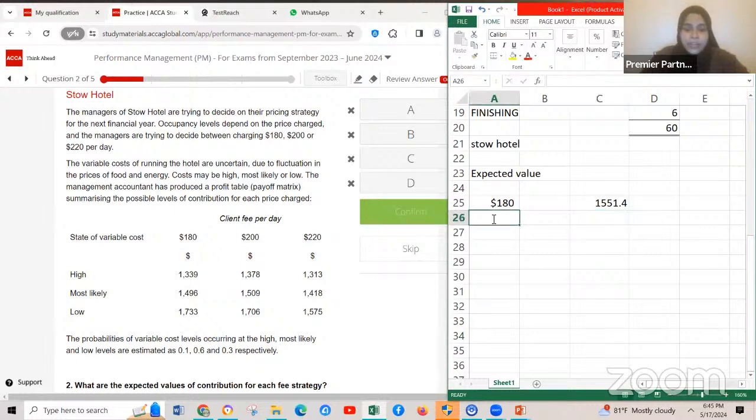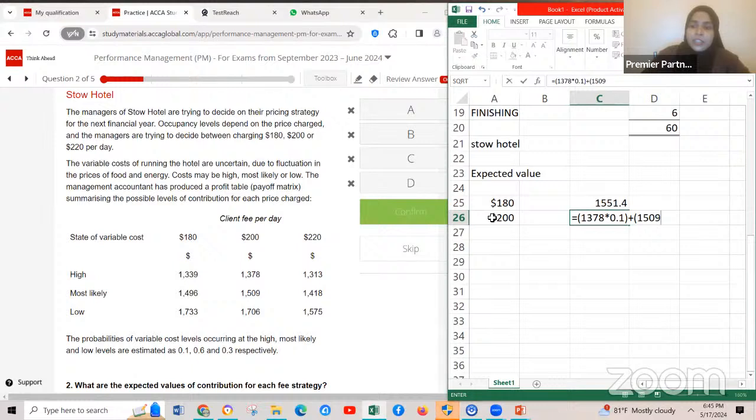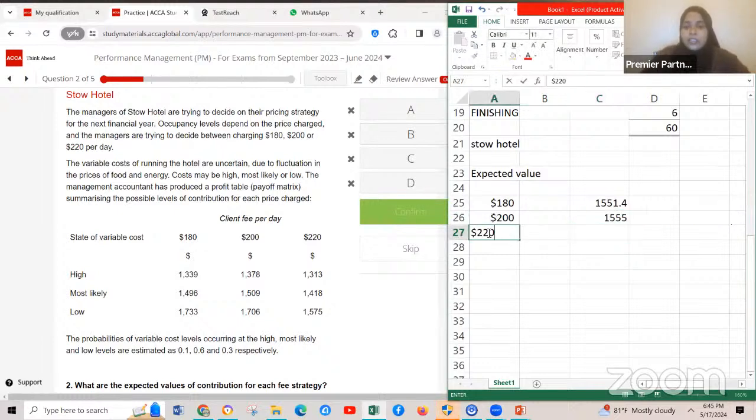For the 200 price, you're simply taking the outcome multiplied by that outcome's probability. 1738 is likely to happen 10% of the time because that is high, plus 1509 is likely to happen 60% of the time, plus 1706 is likely to happen 30% of the time. So that is the expected value for that.